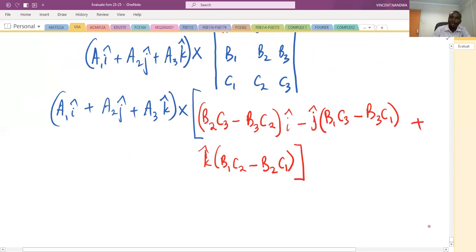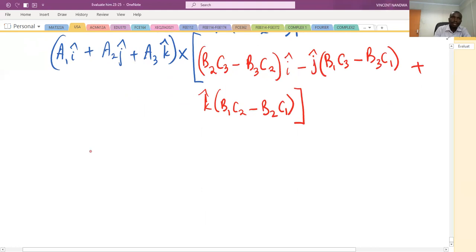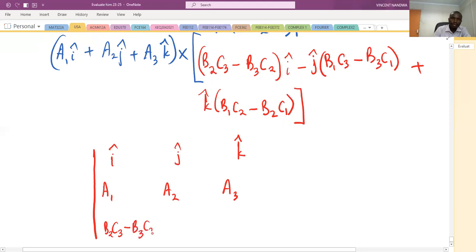And so this can be written as a determinant i, j, k. Here we have A1, A2, A3, and then this will be B2C3 minus B3C2.